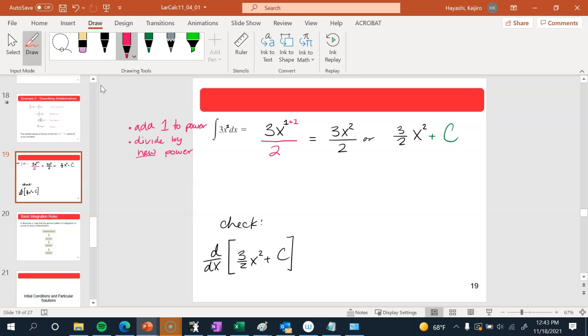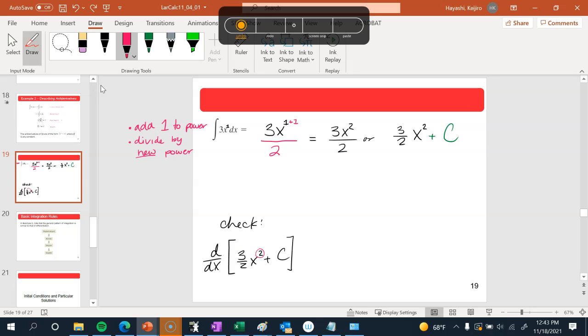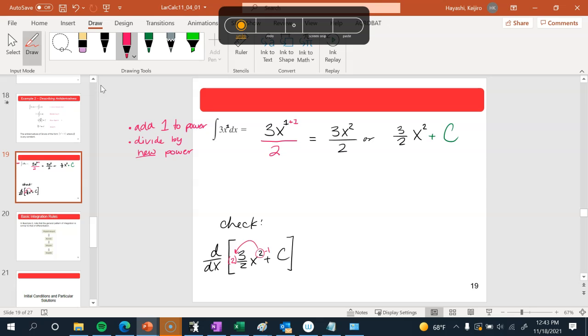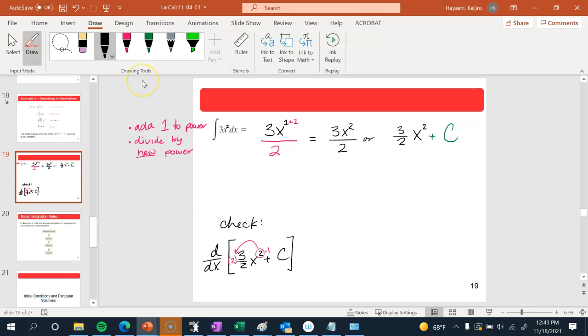So in taking the derivative, you don't have to, but if you wanted to, you would take this 2, multiply it to the front, and decrease the power by 1. And you'd get that multiplying by 2 and dividing by 2 cancel out, and you'd just be left with a 3. And the power of x, 2 decreased by 1 is just 1, so you just have x.